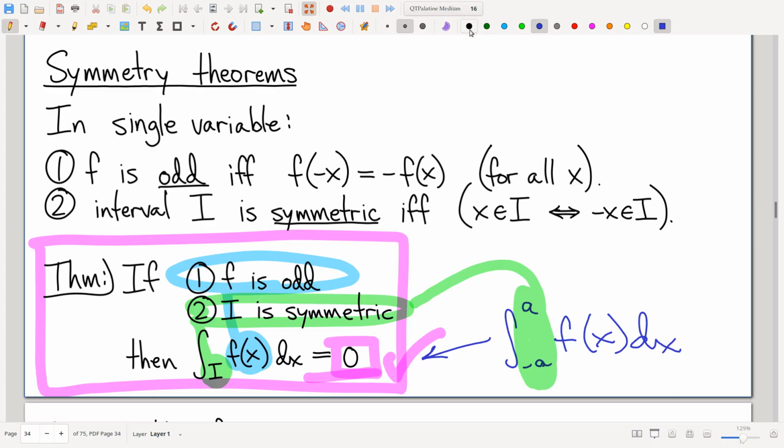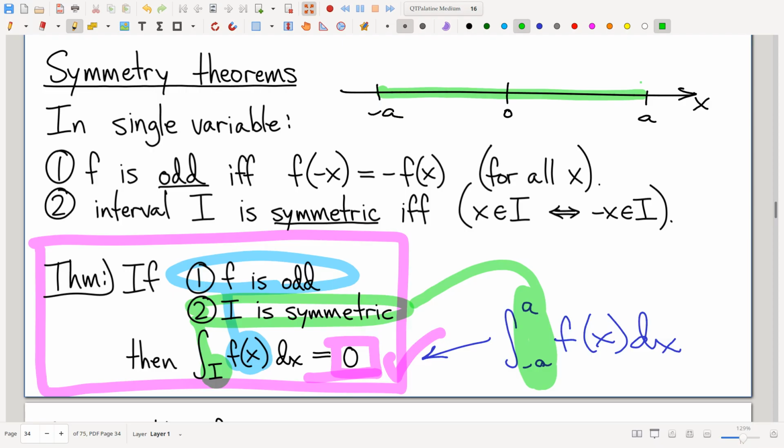If you were to draw this thing, here's your x-axis, here's 0, negative a to a. Notice that whenever you reflect this interval over the origin, if you just flip it over the origin, it's what we call a reflection.